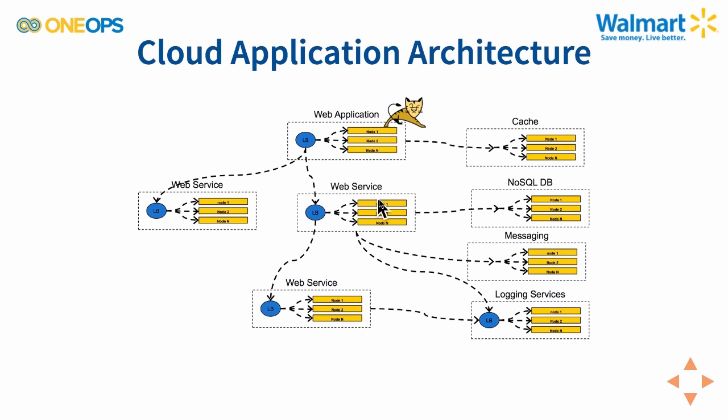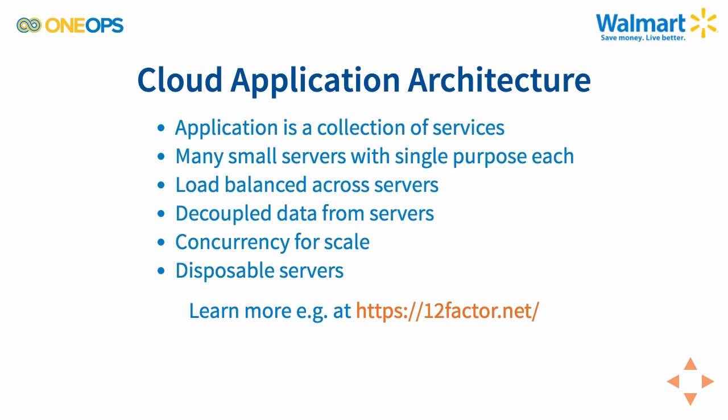And the same thing is happening for web services that these applications use, and then auxiliary services such as caching, messaging, logging, or a NoSQL database. The main takeaway from this picture, however, should be that there are many small nodes, dedicated to different tasks, and each node, because of the load balancers, can potentially break down, and there should be no interruption to the service.